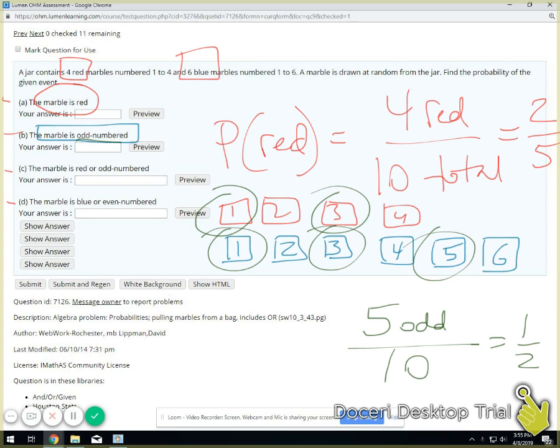The next question is picking a marble that is either red or odd. So let's see. Let's start over here.